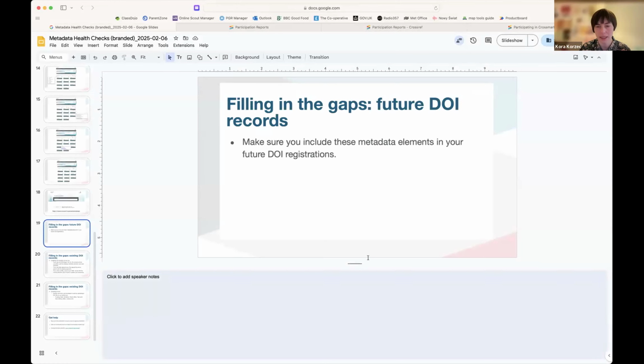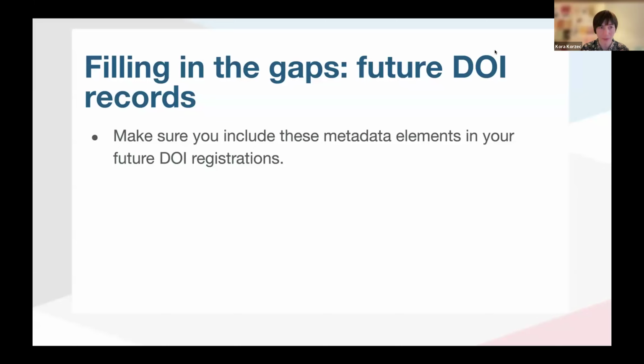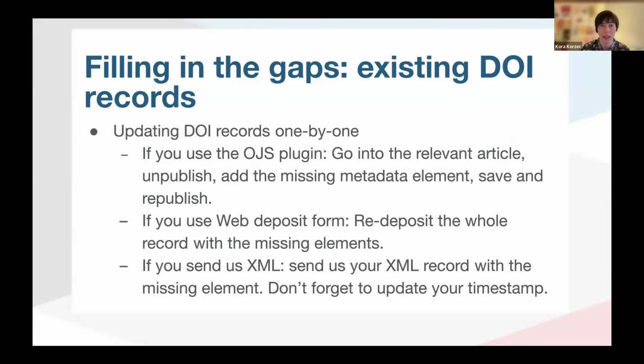All right, so I think we're just a minute over time. I will very quickly go back to remind everyone about how the content can be updated. If you need to fill in the gaps in your report, please make sure that you include these metadata elements in your future DOI registrations to save yourself additional work.